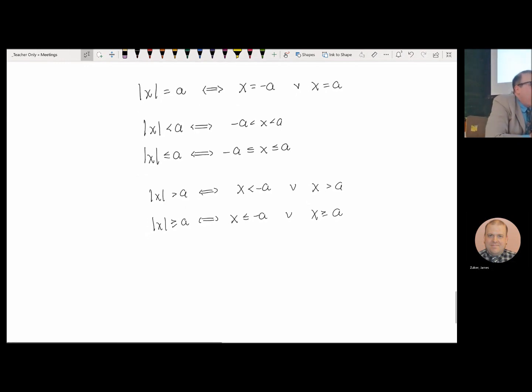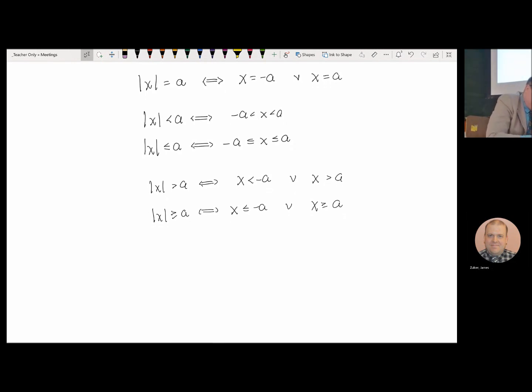A property of absolute values. A very popular property is known as the triangle inequality.